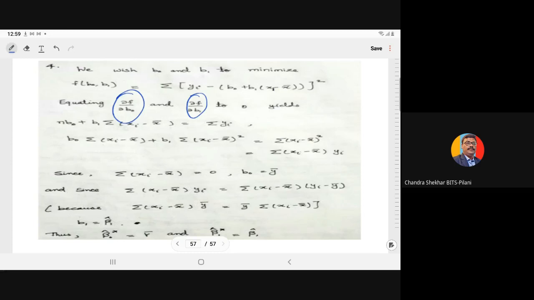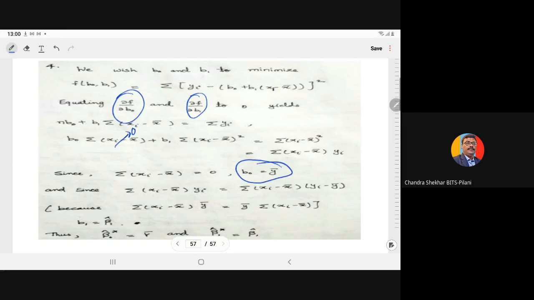Here, summation of (xi minus x bar) is 0. So it will come b1 summation of (xi minus x bar) whole square equals summation of (xi minus x bar) into yi. Since summation of (xi minus x bar) is 0, b naught is equal to y bar, summation of yi upon n.